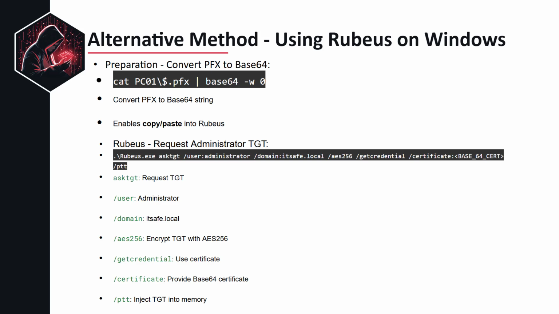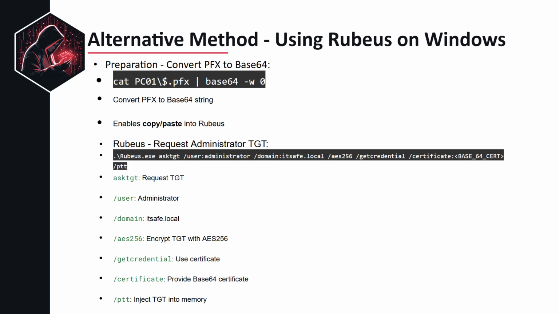Let's understand the command. As we know, we use the asktgt command of Rubeus and add the /user flag to specify the user we want to request the TGT for, in our case, the domain administrator. Then we specify the /domain flag to tell Rubeus which domain to send the request to. In our case, the example domain itsafe.local. Then we specify the /aes256 flag to request that the TGT be encrypted with AES256, which is typically the algorithm the KDC uses.